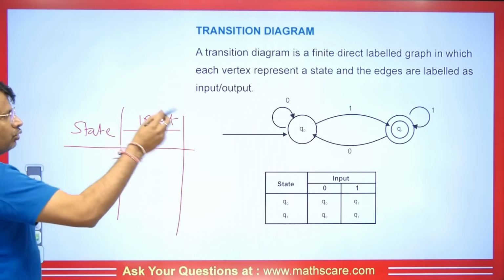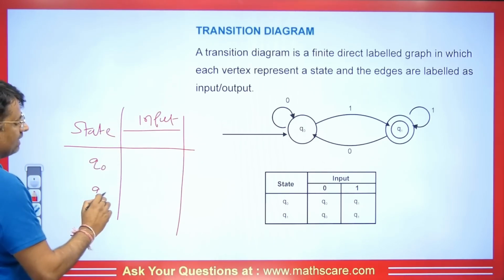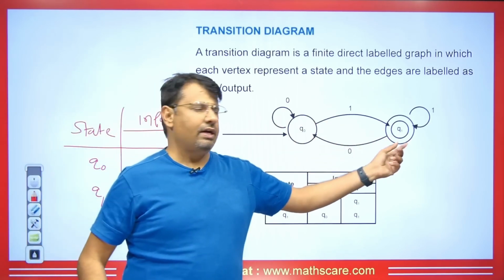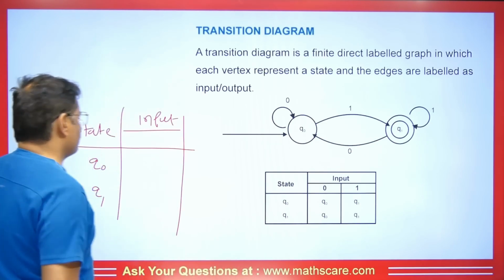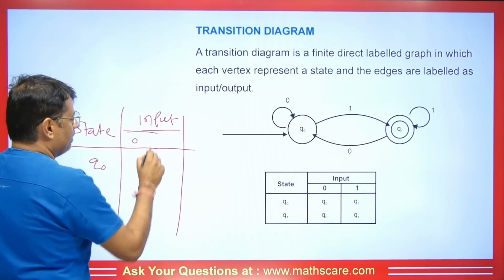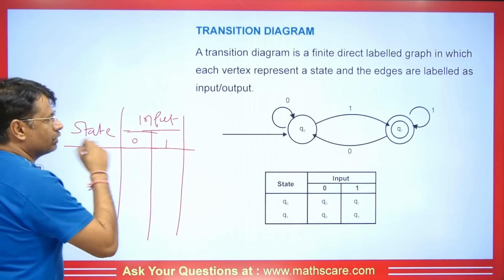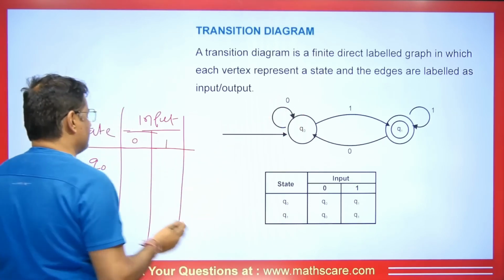We have 2 states here. One is Q0 and another is Q1. 0 and 1 are the inputs that are given to us, right? Look students, what will come here? We will write 0 and 1. Now look at Q0. Q0 on 0 is coming back to itself.